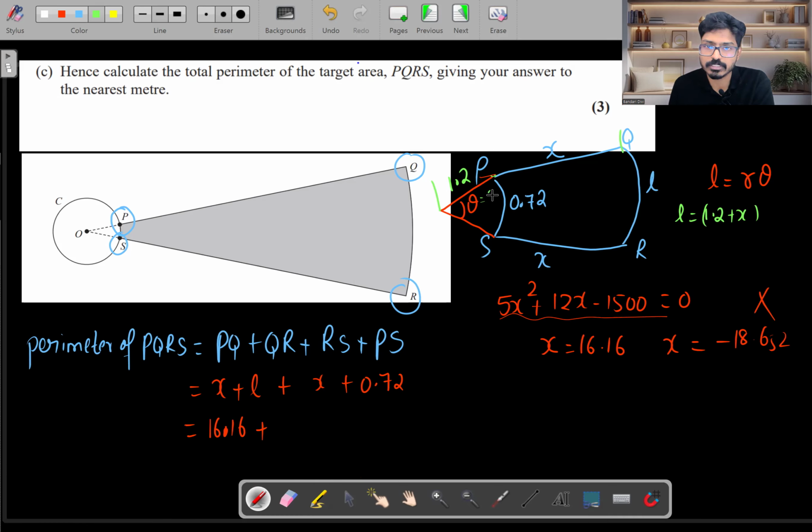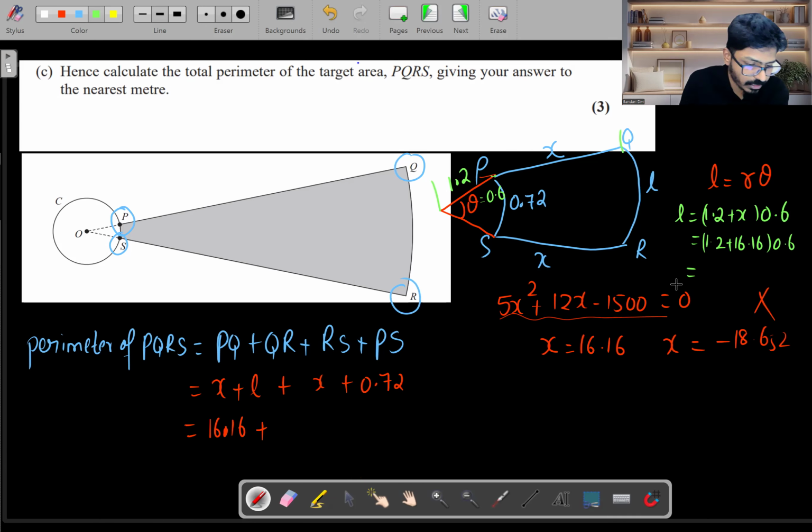Theta is going to be 0.6 radians. So 1.2 plus our x value, which we got as 16.16, multiplied by 0.6. Therefore we get our L value in the end as 10.416.